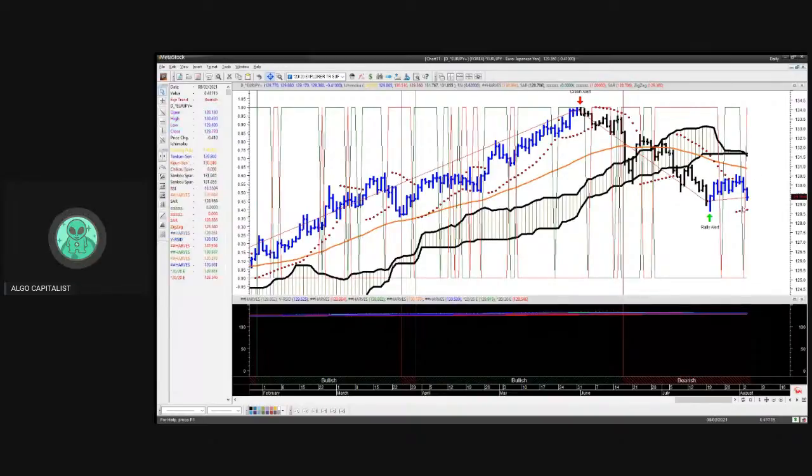So this could be the zone where the market's going to stage a comeback and start rallying from here. But it's also a danger zone because you're still below the trend line resistance and below the Kumo cloud. You're very much in the red zone, and the market could lock back in on the selling pressure at any moment. So this is a do or die battleground right now for the euro yen.